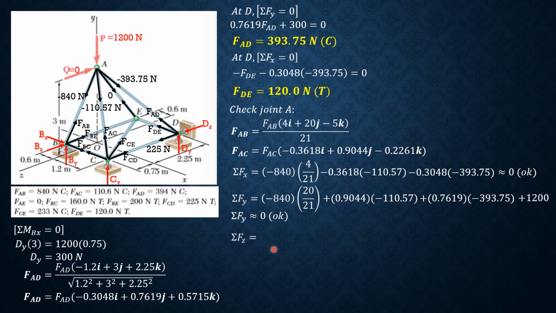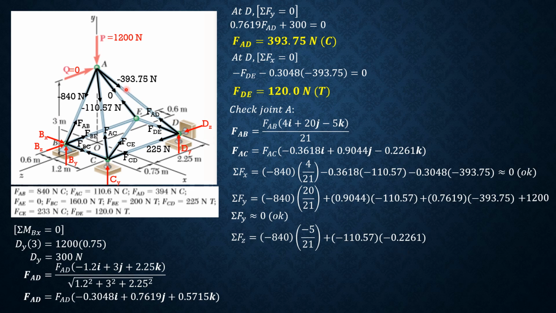Finally, summation forces along Z is equal to the Z component of FAB, which is negative 840 times negative 5 over 21. Then the Z component of FAC is negative 0.2261 times FAC, which is negative 110.57 times negative 0.2261.